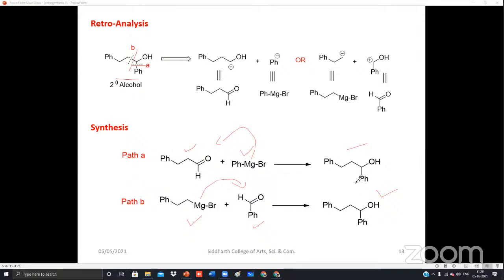It is not said anywhere that you will follow the A or the B way. But you have to think logically whether you have PhMgBr available in the market or in the lab, or whether you have this particular Grignard reagent available with you. So this will choose the path for where to disconnect.